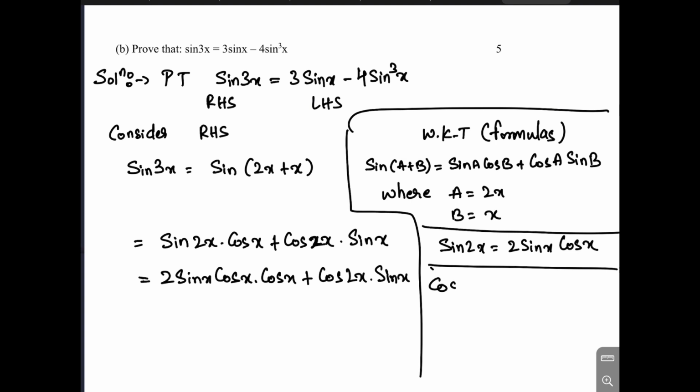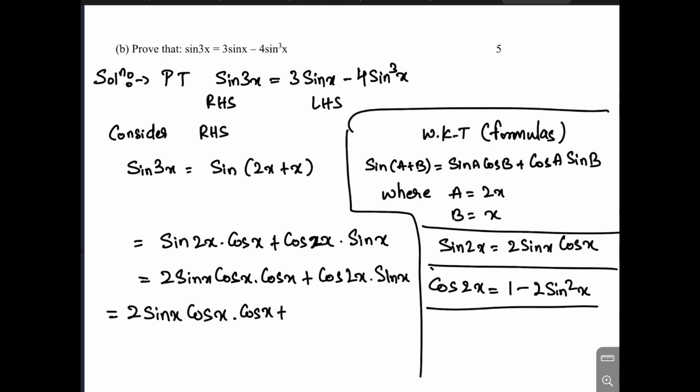Again, cos 2x can be written as 1 minus 2 sin square x. This is also one of the formulas for cos 2x. Now let's substitute the value of cos 2x also. 2 sin x cos x into cos x plus 1 minus 2 sin square x into sin x.